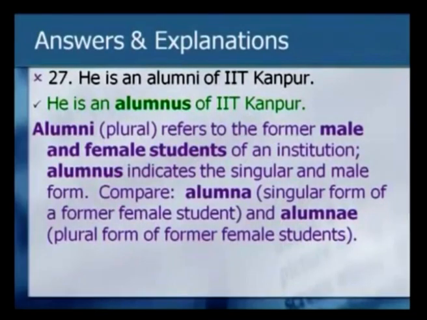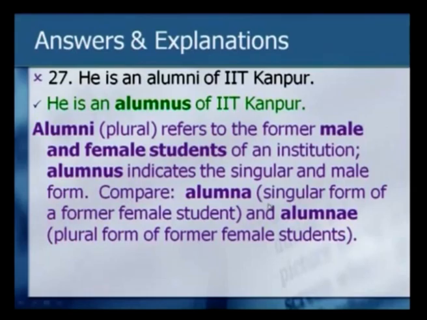But alumni plural refers to the former male and female students of an institution. Alumnus indicates the singular and male form. If you want to refer to the person in the singular sense, then alumnus should be used. This is also comparable with the usage of alumna.